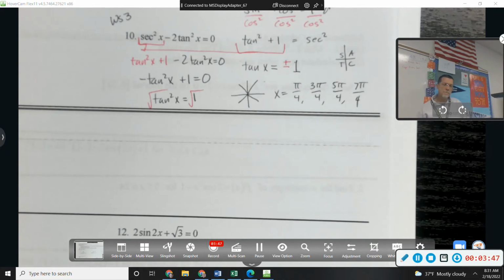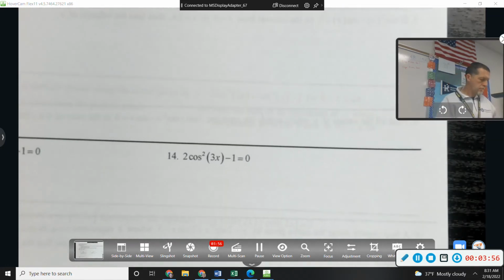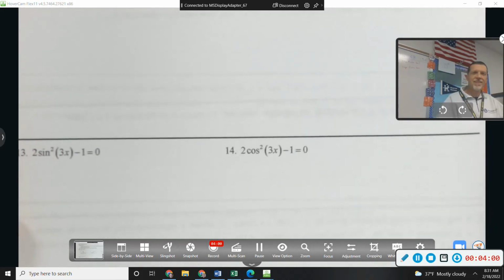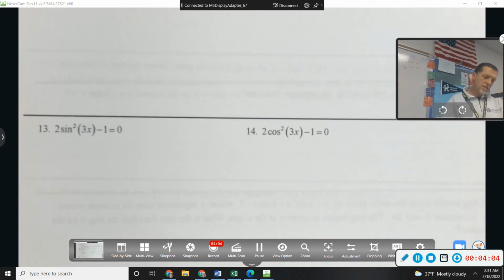For questions like number 14 and 13, when you multiply, so it's like 3x equals all those things, is that 1 pi or is that 2 pi?